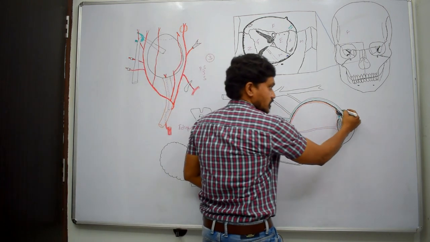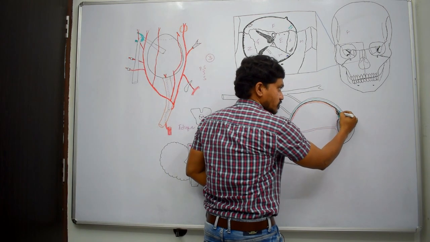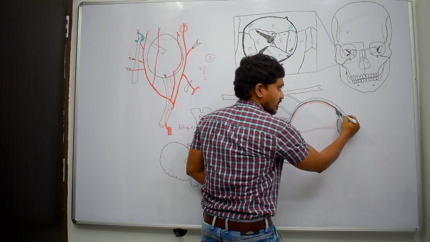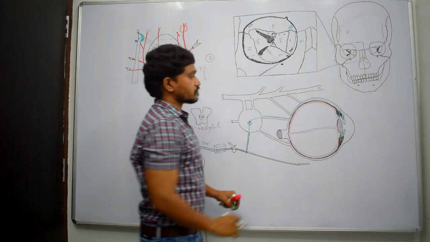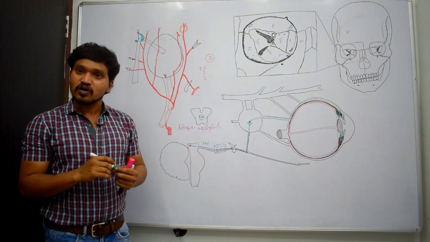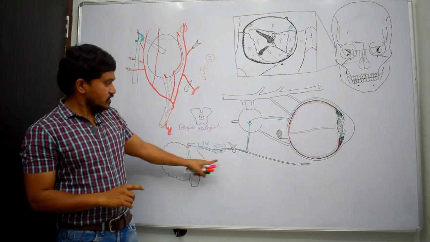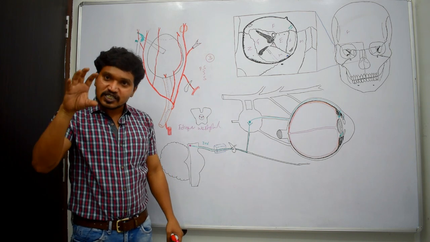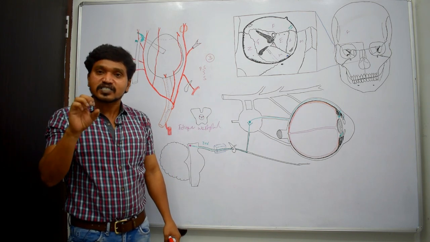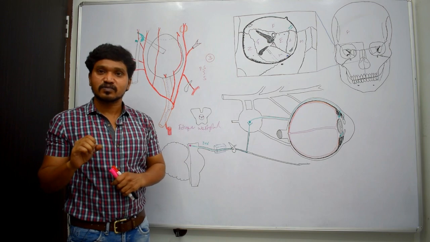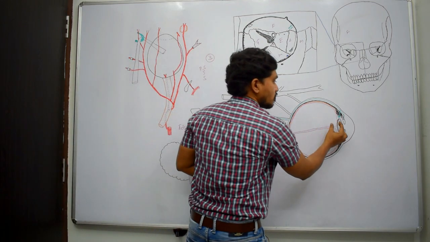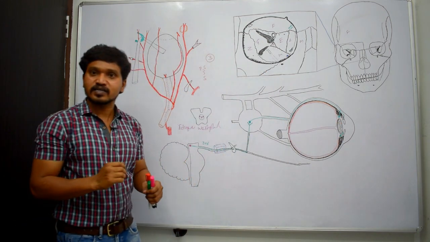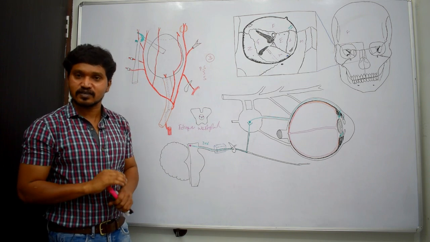So they supply the ciliary body and constrictor pupillae, right? Stimulation of parasympathetic nerves leads to constriction of the pupil and constriction of the ciliary body, so that the lens becomes more convex. It is helpful in the accommodation reflex.